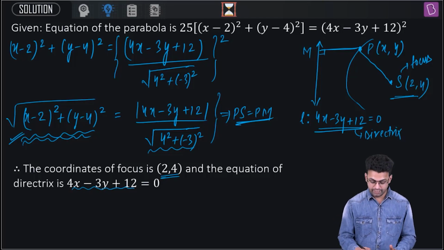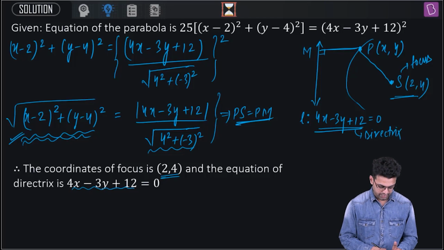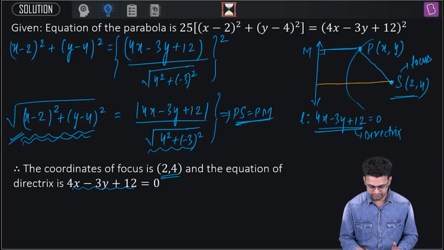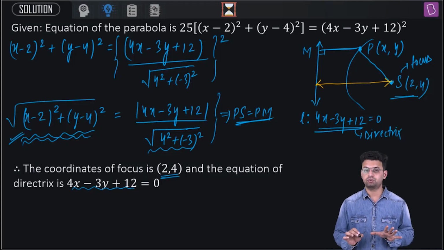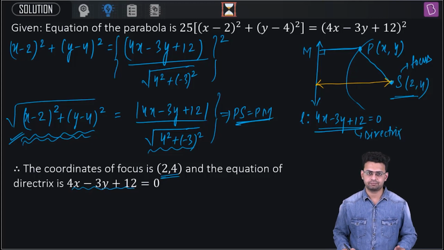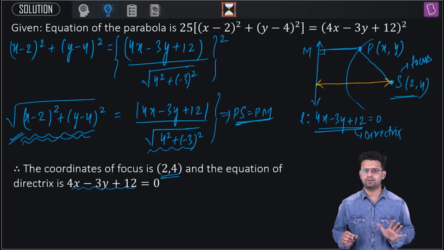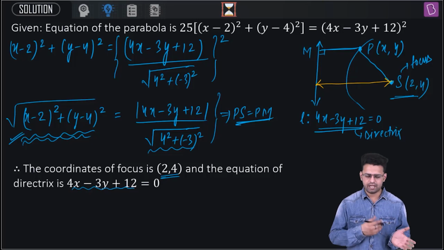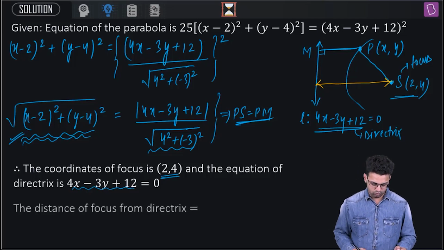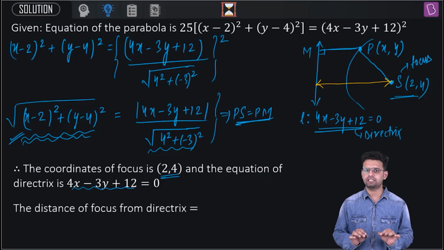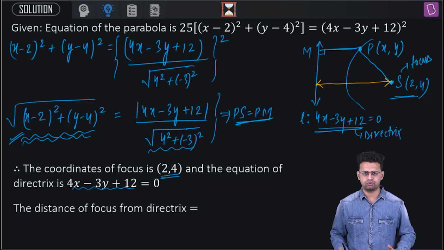Let me calculate the distance of the focus from the directrix. Let me change the color first. Let me calculate this distance. This is the distance of the focus from the directrix. Correct? How are we going to calculate this distance? Again, by using that formula, distance of a point from a line. What I'll get is mod ax1 plus by1 plus c upon root over a square plus b square.